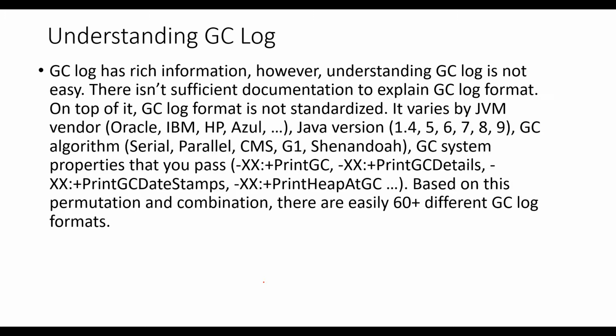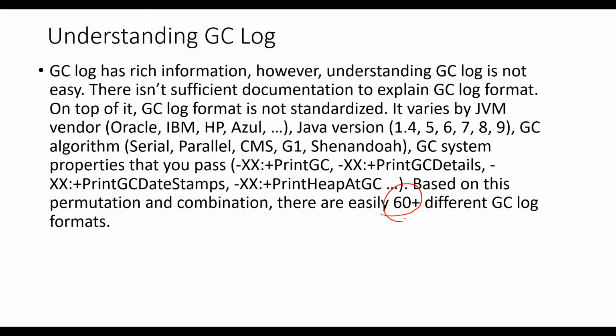Even if you were earlier working on the Java HotSpot VM, some fields are interchanged, and based on that you need to first clearly see the very first statement, which prints the column names, to see what each particular column represents. As I mentioned, there are easily 60 plus different GC log file formats.